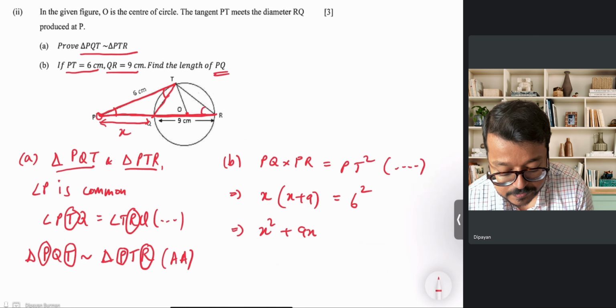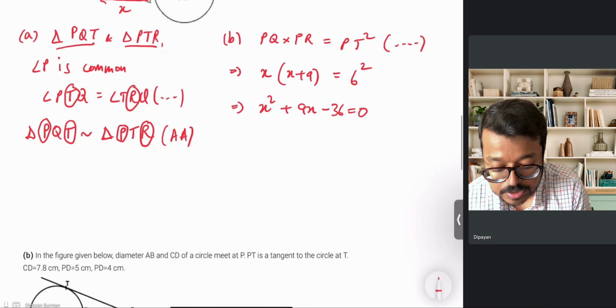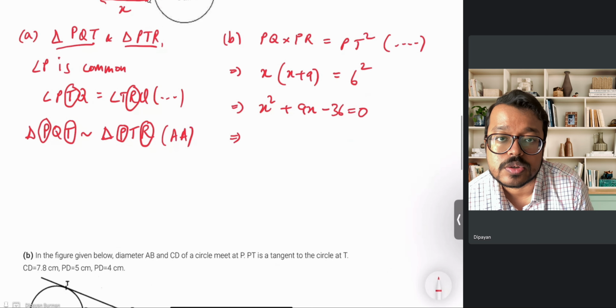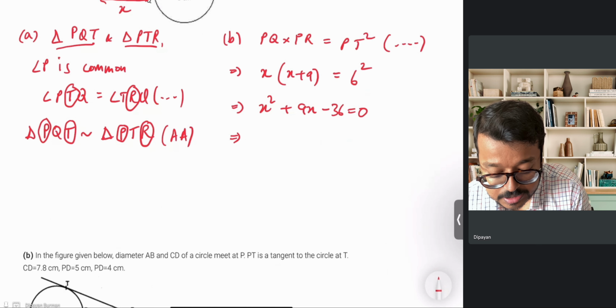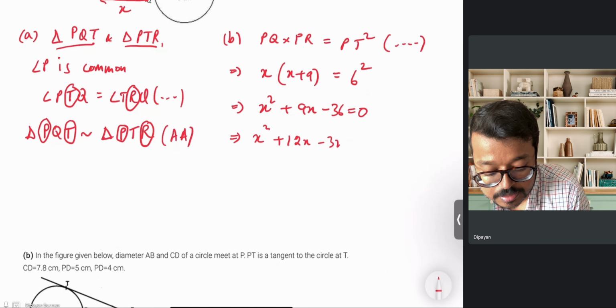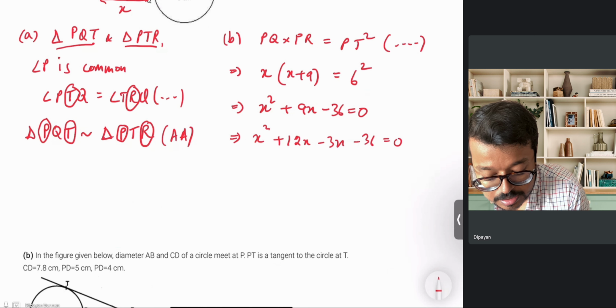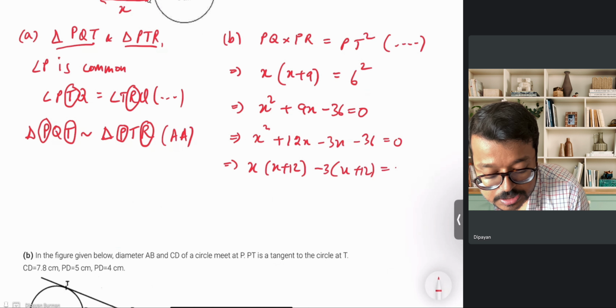If I bring it to the left side, that is minus 36 equal to 0. Then this is a quadratic equation. You can either factorize or use the formula. If I am factorizing, I can split the middle term 9x as plus 12x minus 3x. So then x into x plus 12 minus 3 into x plus 12 equals 0.